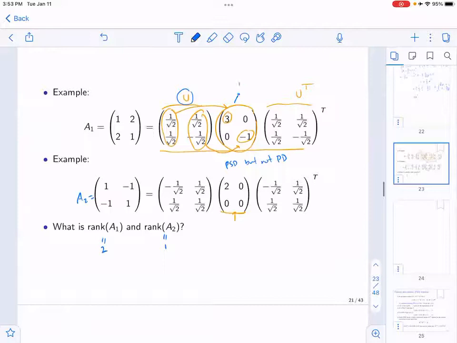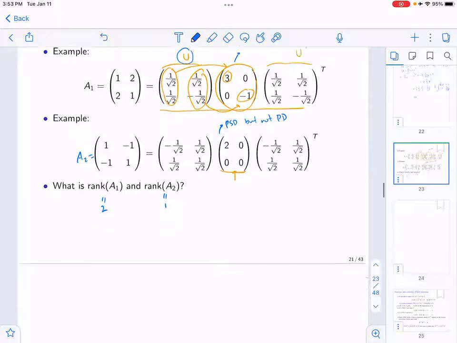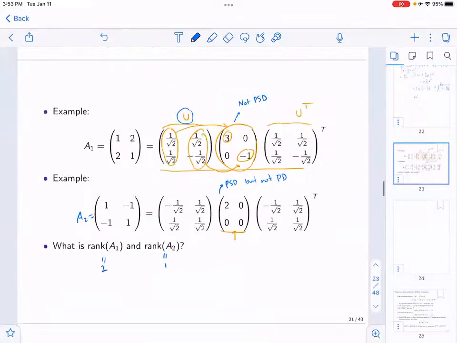This is not even PSD. You can see that being positive semi-definite is shared between A and its diagonal representation. As I mentioned, it's based on the eigenvalues, and you can see that the eigenvalues are just the things that appear here.